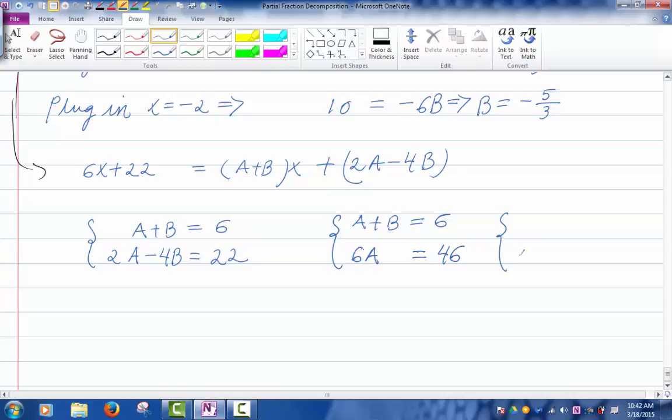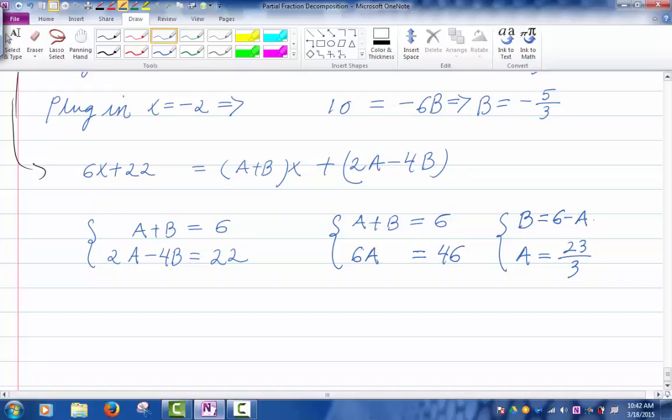And now what? Well, a is what? A is 23 over 3 as before. And then what am I going to do? Well, whatever a is, I'm going to plug that in here in the first equation and then find b, right? So what would be b? b would be 6 minus a, right?